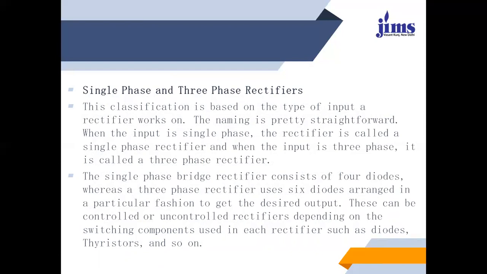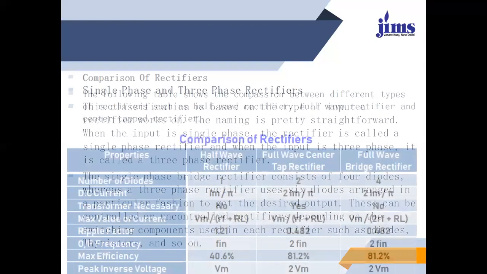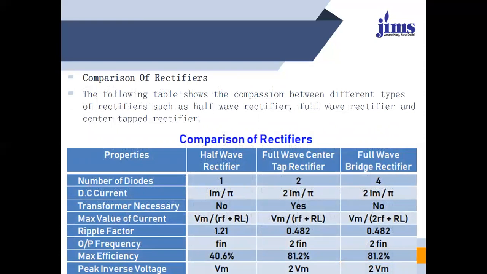These can be controlled or uncontrolled rectifiers depending on the switching components used in each rectifier, such as diodes, SCRs and so on. Now the comparison of the rectifiers. The following table shows the comparison between different types of rectifiers such as half-wave, full wave rectifier and center tap rectifier.